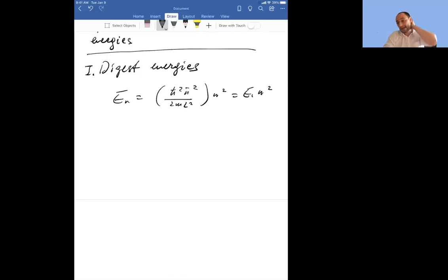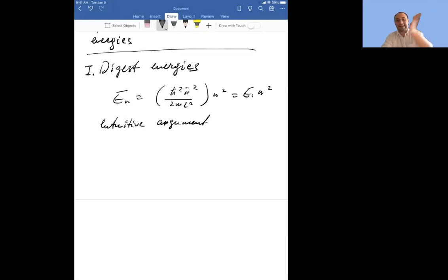We can try to get some intuition for this. I can try to explain where this comes from by an intuitive argument. This formula was derived rigorously by solving the Schrodinger equation. But here comes the intuitive argument, so that you can gain some relationship with this.